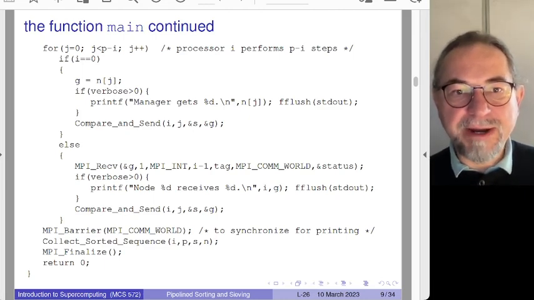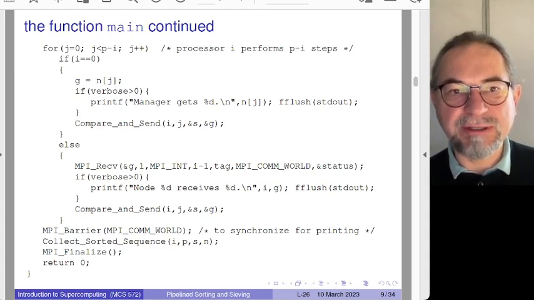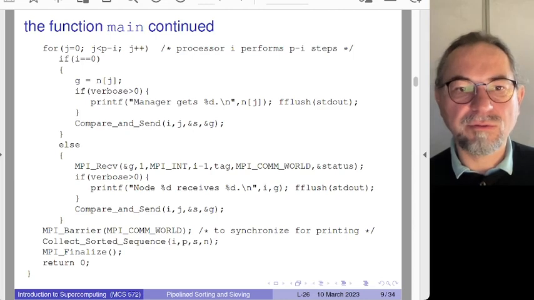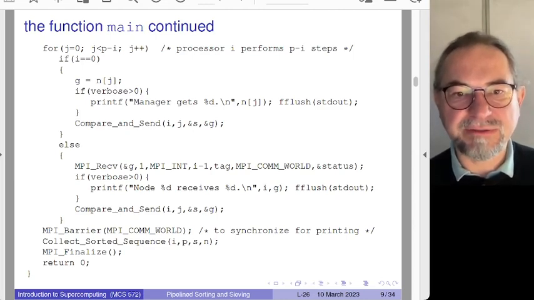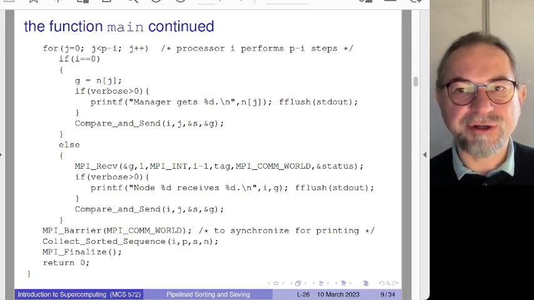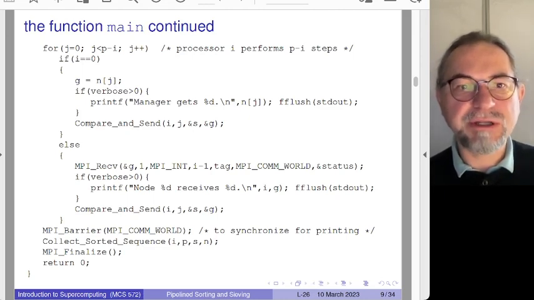So we have the compare and send that does one send, and there is also one receive. In the else branch, you can see that there is a receive and there is a send. So there is a matching send for every receive. It's harder to see with the manager in the first if statement.